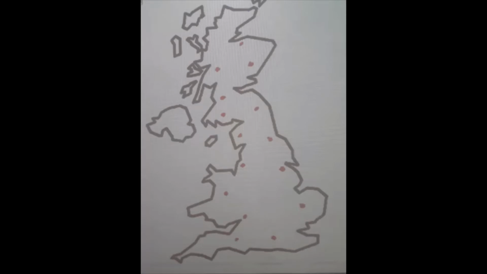Each power station will generate at 25 kV, and then they put the voltage up using a transformer to 400 kV or 275 kV.